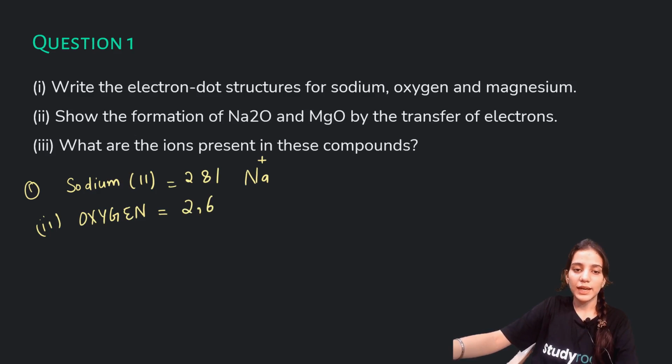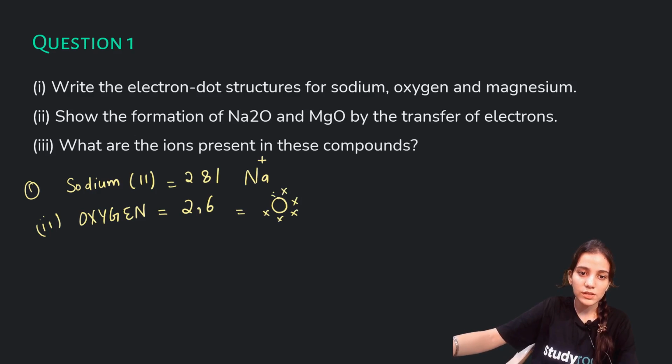Its atomic number is 8, so it will be represented as 2 and 6. As it has 6 electrons in its valence shell, we'll represent it as 1, 2, 3, 4, 5, 6. So this is the electron dot structure of oxygen.